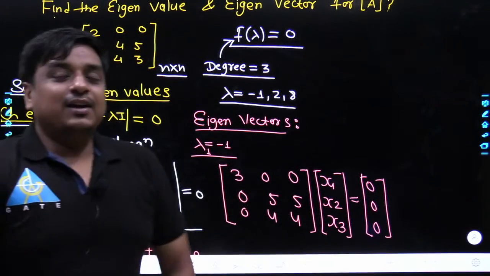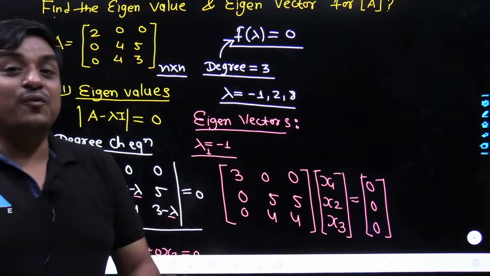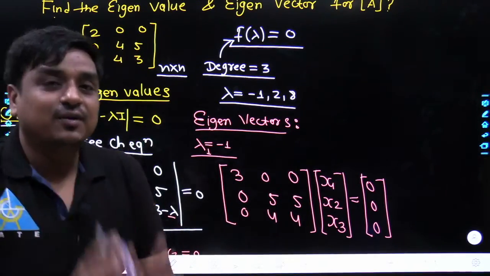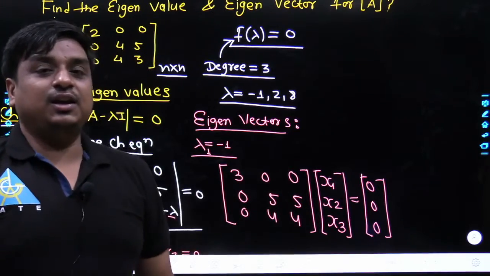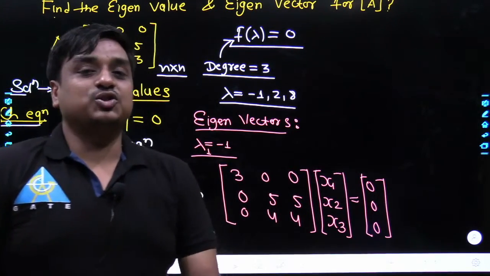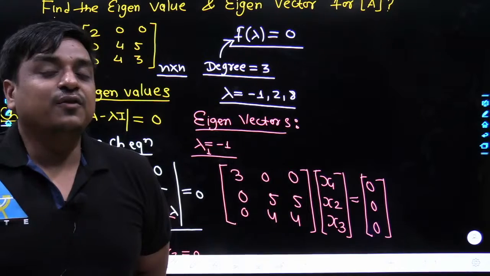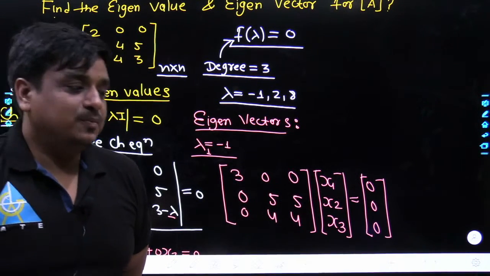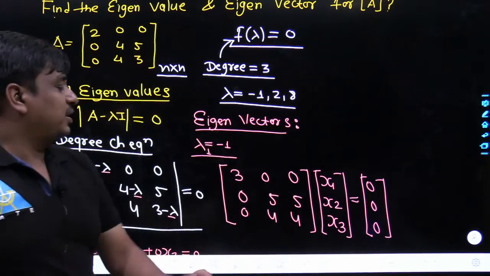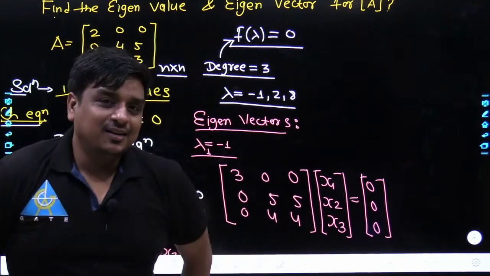Now recall the same concept. Why have we got infinitely many solutions for an eigenvector? I want the reply from you guys in the comment box. Why do you get a situation where we have infinitely many solutions? I repeat it again.